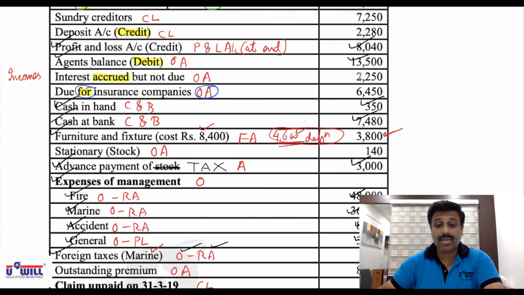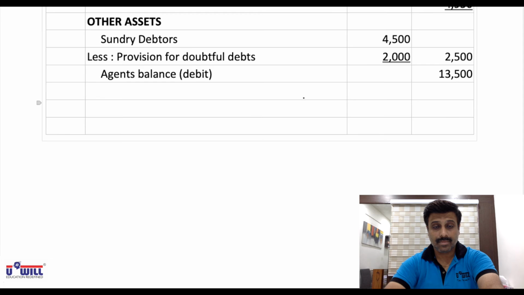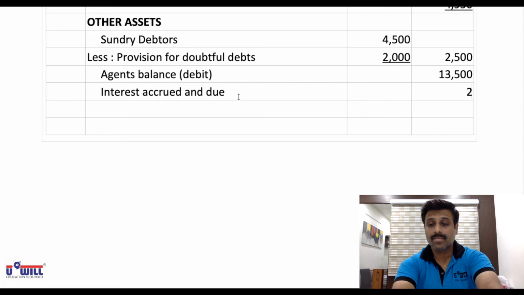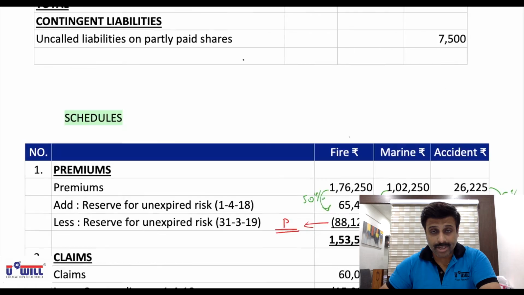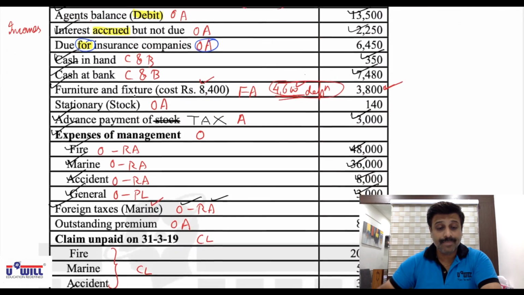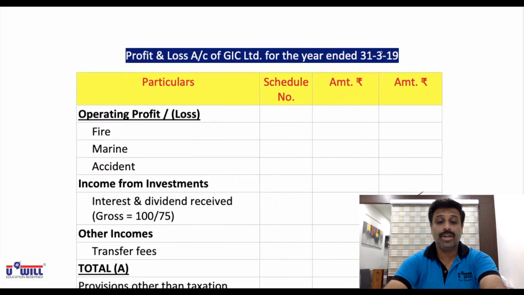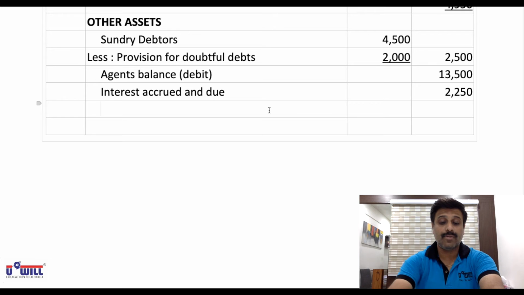Interest accrued and due, that is 2,250. Now after interest accrued and due, what other item is marked as OA? Dues for insurance companies 6450.